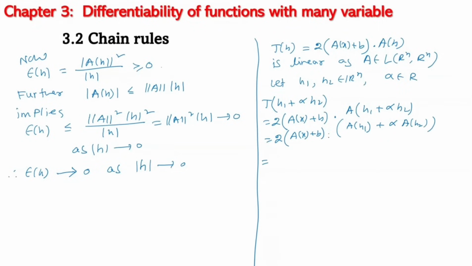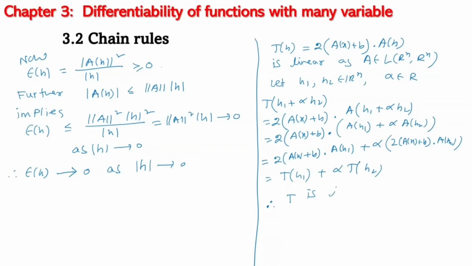And by the distributive property of the dot product, we can write it as (Ax plus b) dot Ah1 plus alpha (Ax plus b) dot Ah2. So this is equal to T(h1) plus alpha T(h2). Therefore T is linear.